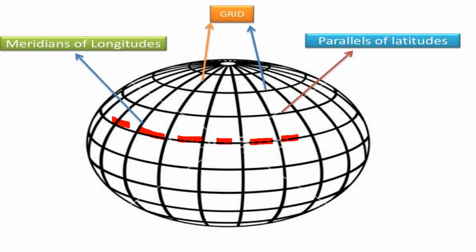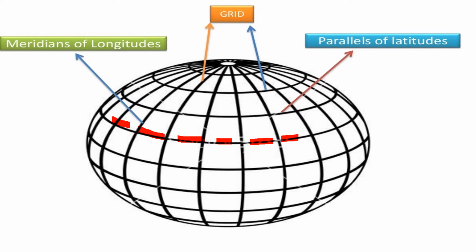In Hindi, there is a word called Letna. Letna, latitude. And they are sleeping lines. Whereas longitudes are long lines. You see them?